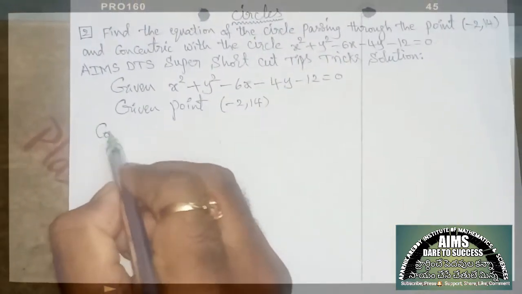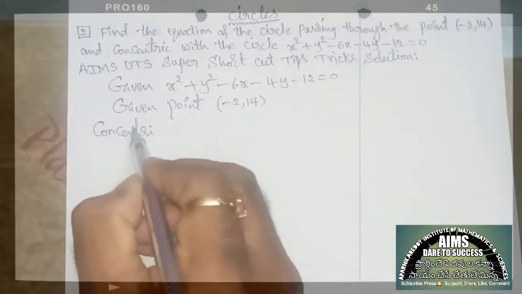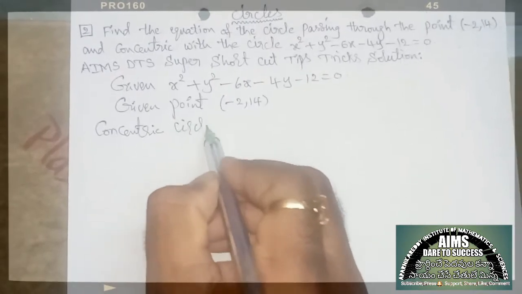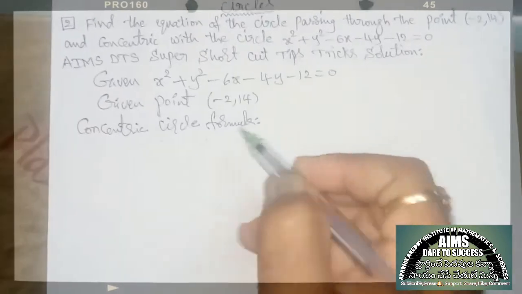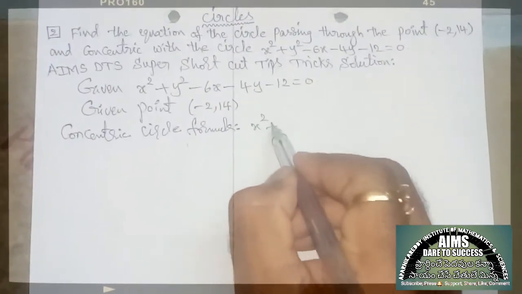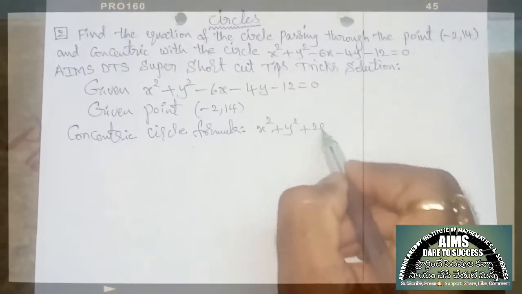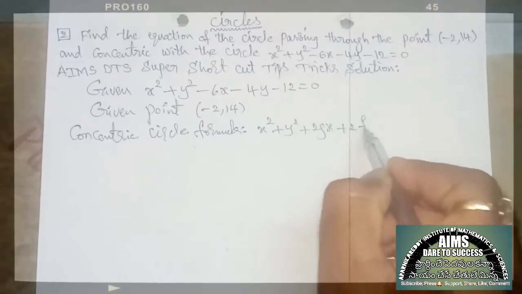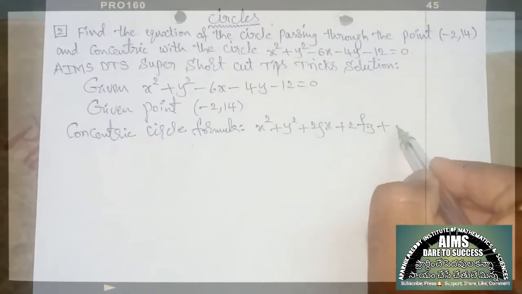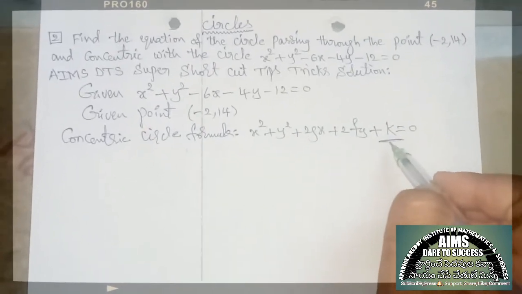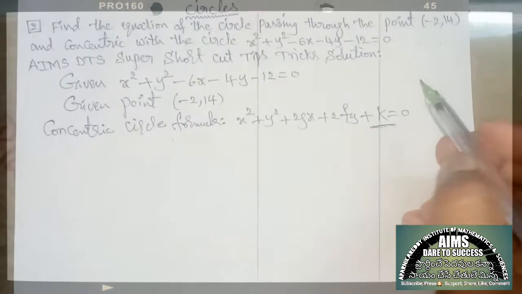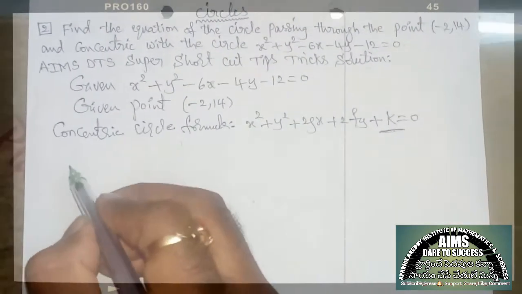Next I wanted to write the concentric circle formula. The standard form of the equation of a circle is x square plus y square plus 2gx plus 2fy plus c is equal to 0. Remove that c, you can write plus k is equal to 0. The only difference is the constant term from the standard equation of the circle.